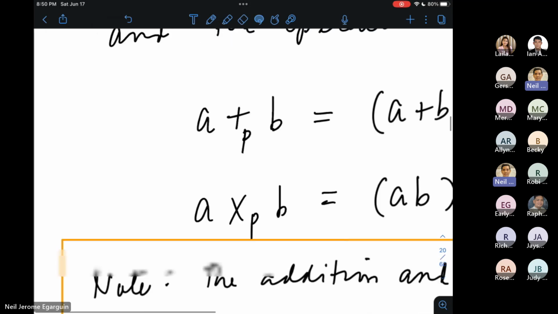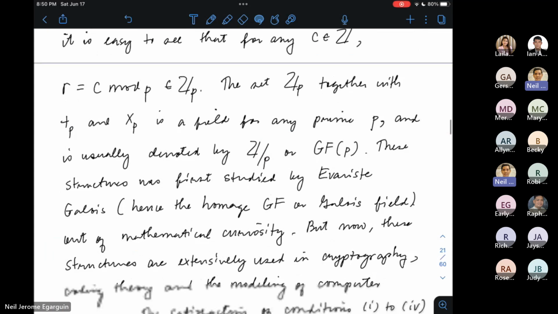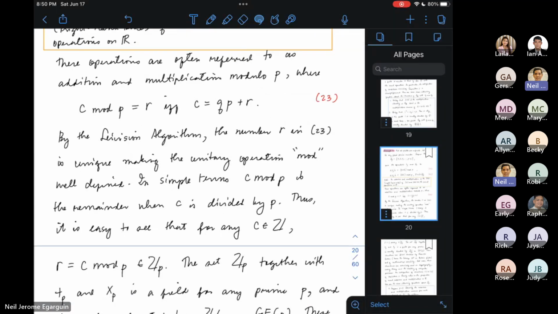Gawa tayo ng operation table. Pero yung maliit lang siguro para magkasya sa 10 minutes. Let me add a page here. So gawin natin, tapos ito na rin yung exam. Dito tayo mag-start next meeting. Siguro let's start with Z5 para medyo mas maraming elements.